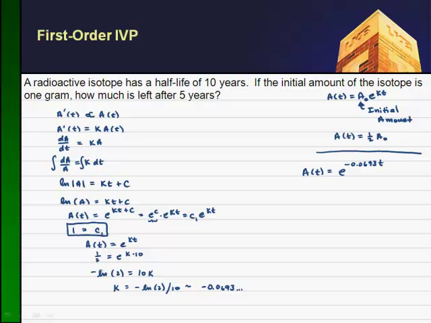If I know an amount, I can find the time. If I know the time, I can find an amount. Here I know the time, so I can find the amount after 5 years. A of 5 is just going to be e to the negative 0.0693 times 5. We can use any old calculator to figure out how much it would be after 5 years.